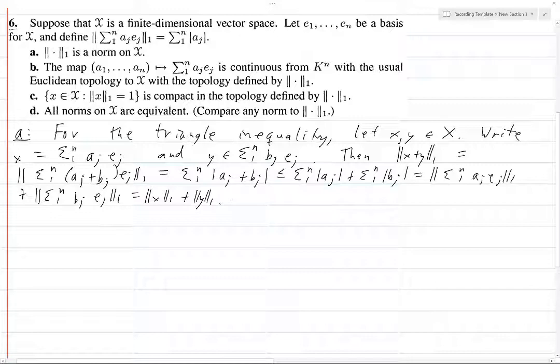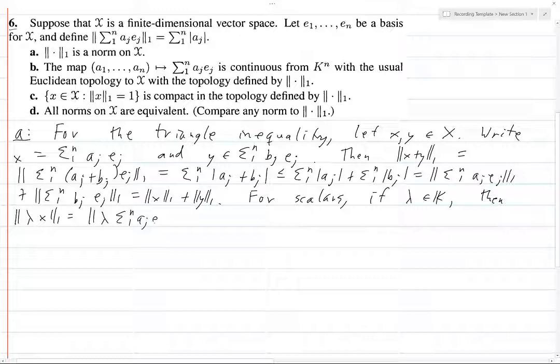For scalars, remember we have to be able to bring scalars out. So if you have lambda, a scalar in K, then let's see, lambda x in the norm 1, you can factor out the lambda, this is the sum of aj ej, so we want to bring the lambda inside.